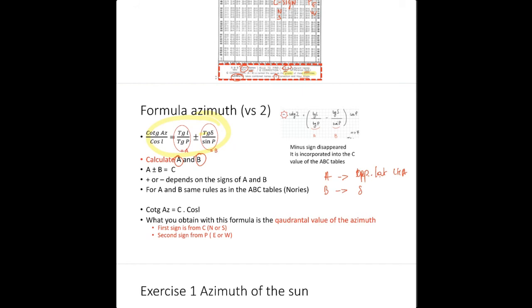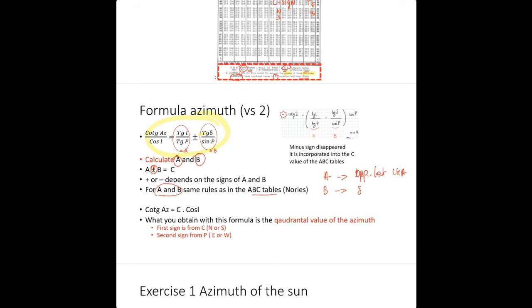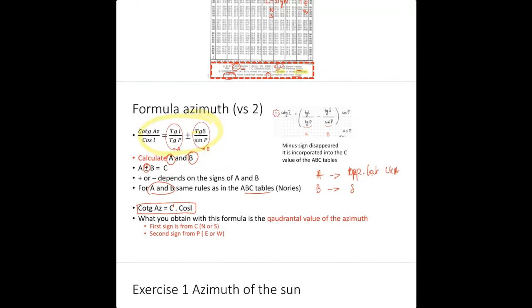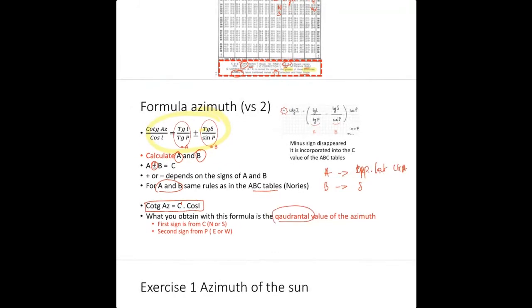And then voilà, you can decide on the signs of A and B, and these will tell you whether you have to add or subtract in order to obtain C. You simply follow the same rules as for the ABC tables. Then you can say, my cotangent of the azimuth is C multiplied by the cosine of L. If you calculate this, what you obtain is the quadrantal value of the azimuth, where the first sign comes from C and the second sign comes from your polar angle.